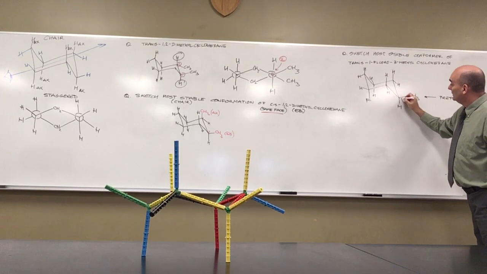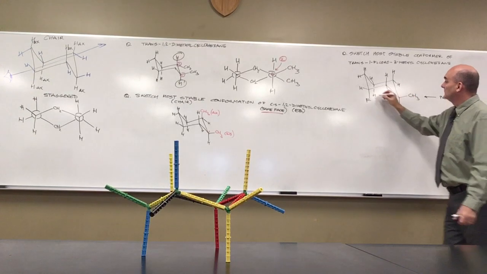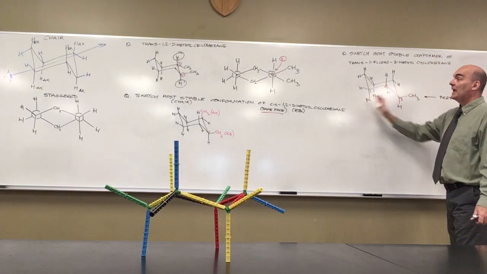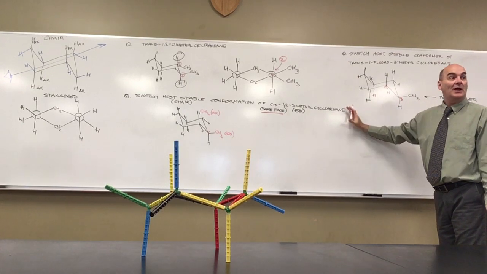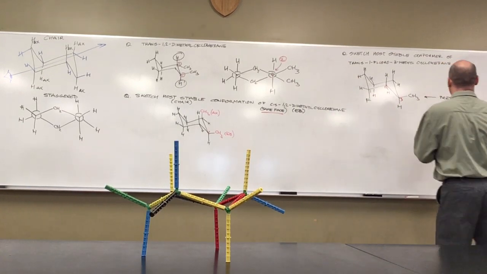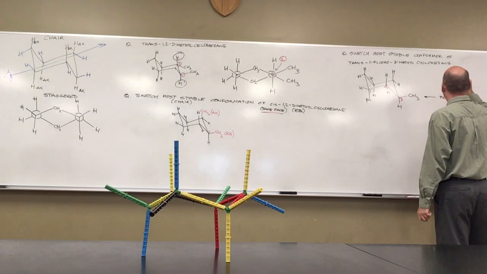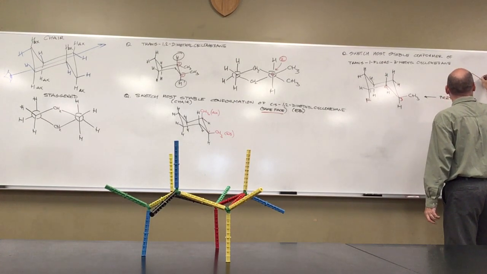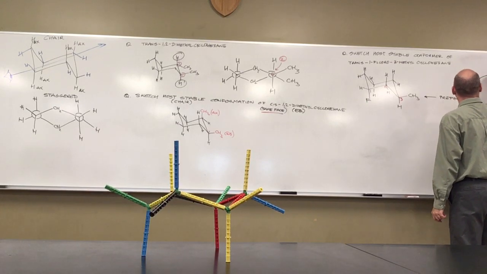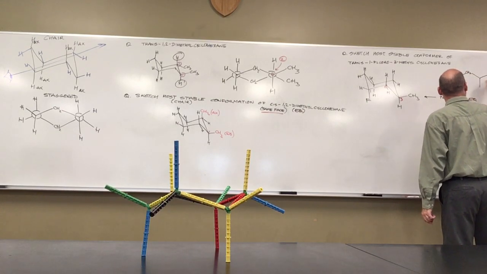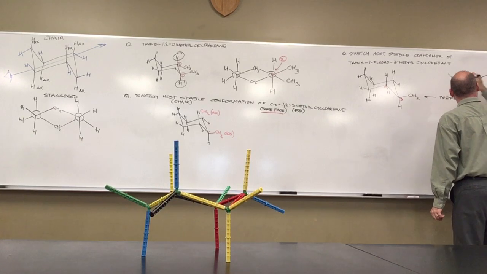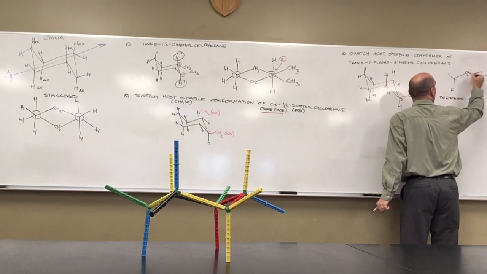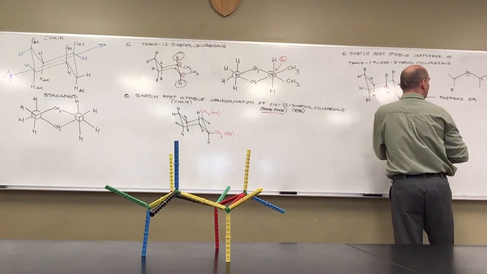So I made that 1, 2, and 3. Now these can be on different sides of my Newman projection. Can you see that? 1, 2, 3.